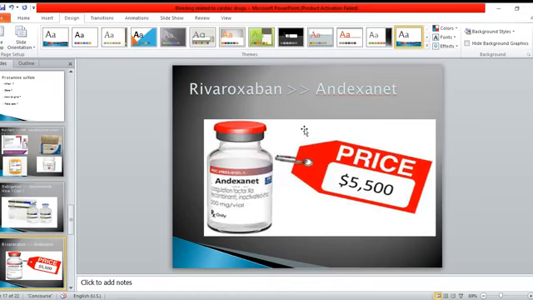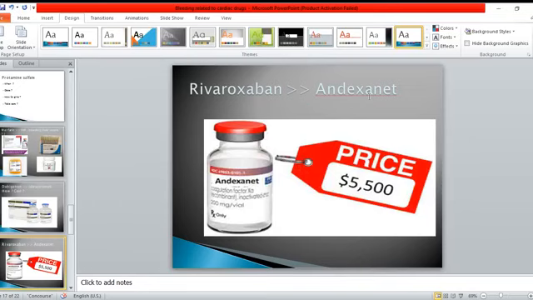In case of significant bleeding related to Rivaroxaban, you may need to give the antidote, which is a very expensive drug. There are 2 regimens to antagonize the effect of Rivaroxaban.